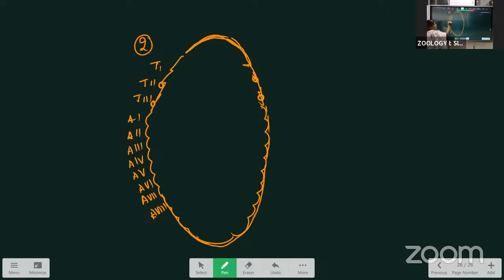And in all the abdominal segments, one is present. Total 8 spiracles are present.